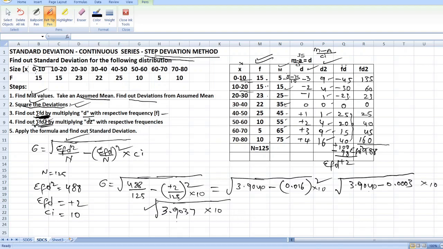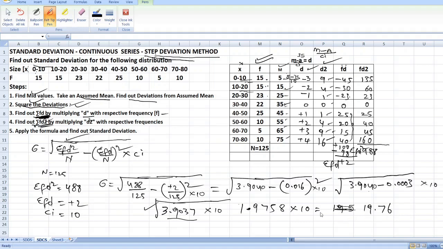If you find the square root of this value, you will get 1.9758. Now multiply with 10, so you will get 19.76.